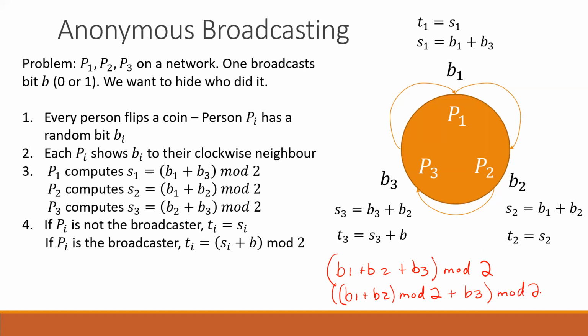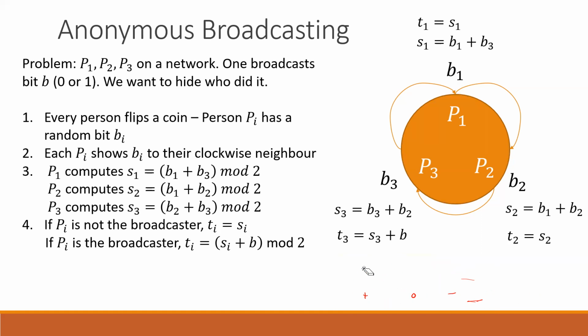So the order that we do the mod 2s doesn't really matter. If I have a value that I've computed mod 2 and I add it to another value that I've computed mod 2, it's the same as if I've added all the original values and computed them mod 2.